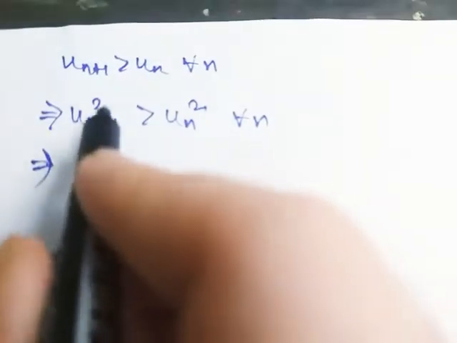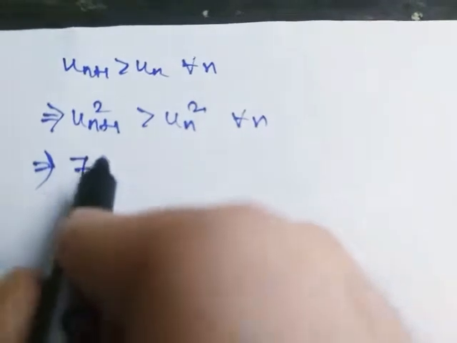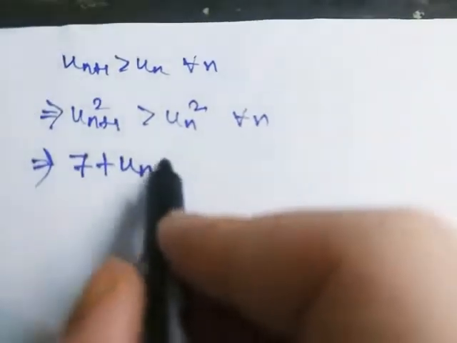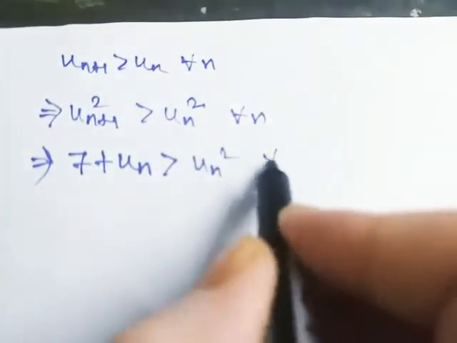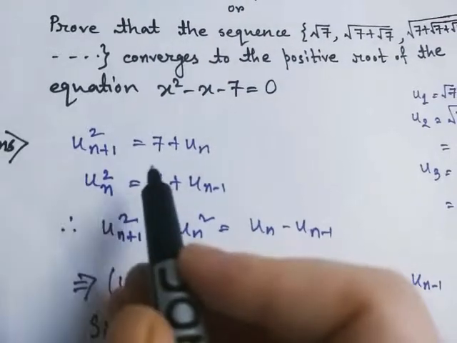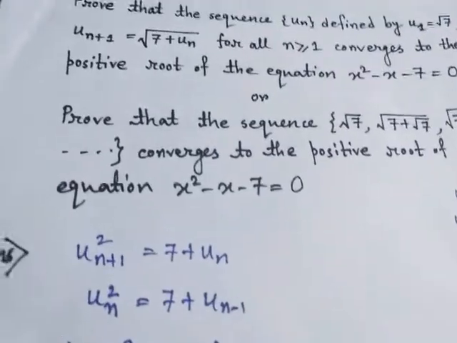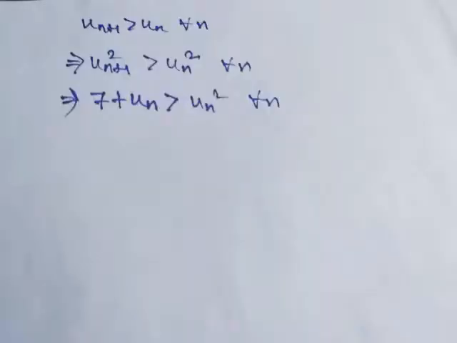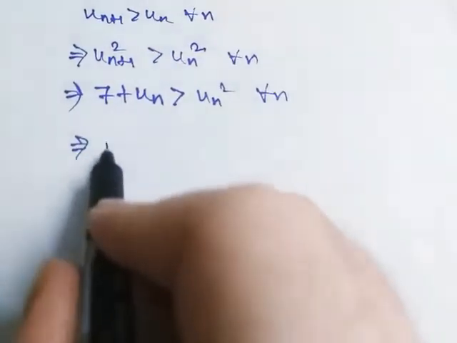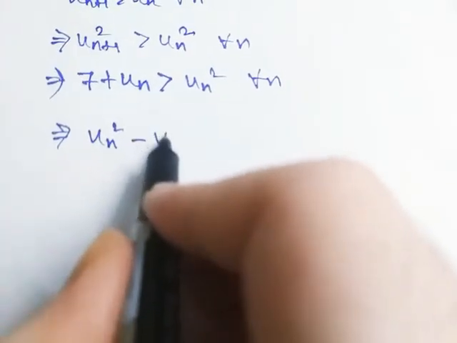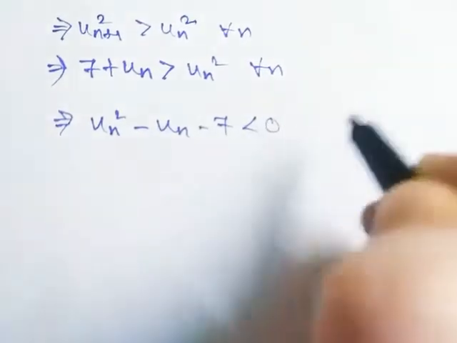Now u_{n+1}² = 7 + u_n is strictly greater than u_n² for all n. From this it implies u_n² - u_n - 7 < 0 for all n.